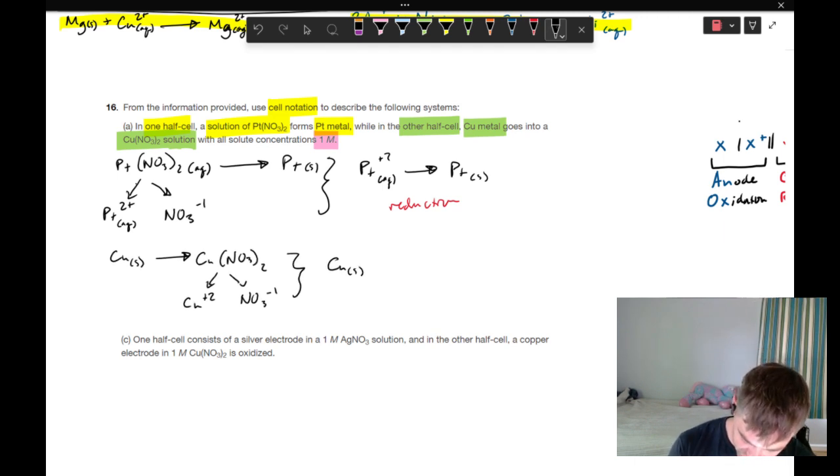So we have copper solid forming aqueous copper cations with a 2 positive charge. And this is our oxidation.